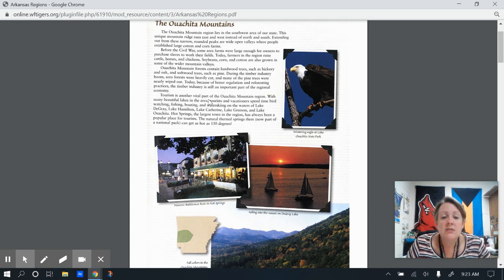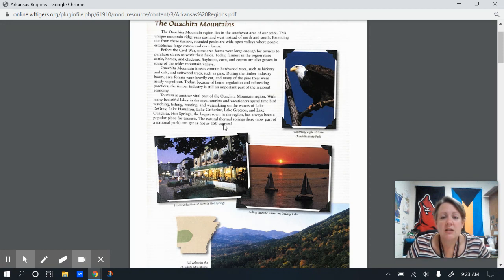It says tourism is a big deal, has a lot of lakes, and people bird watch, fish, boat, and water ski. It talks about the different lakes that a lot of people go to, like DeGray, Hamilton, Catherine, Greeson, and Lake Ouachita. Hot Springs is in this area. So it's talking about some of the bigger towns or cities that are there. Hot Springs is a big tourist place too, because of the natural thermal springs.